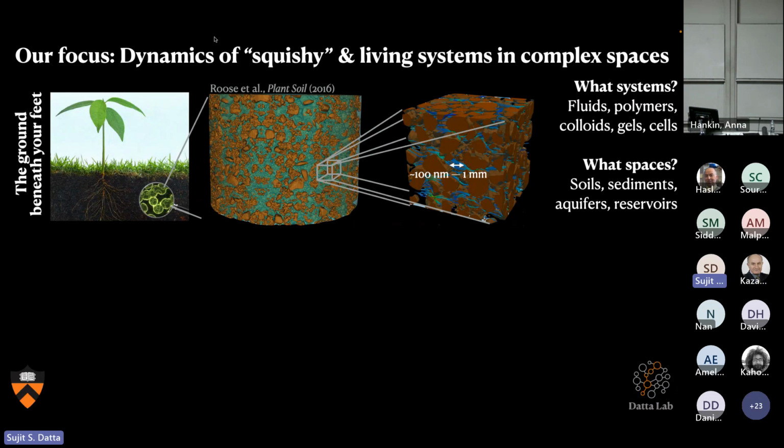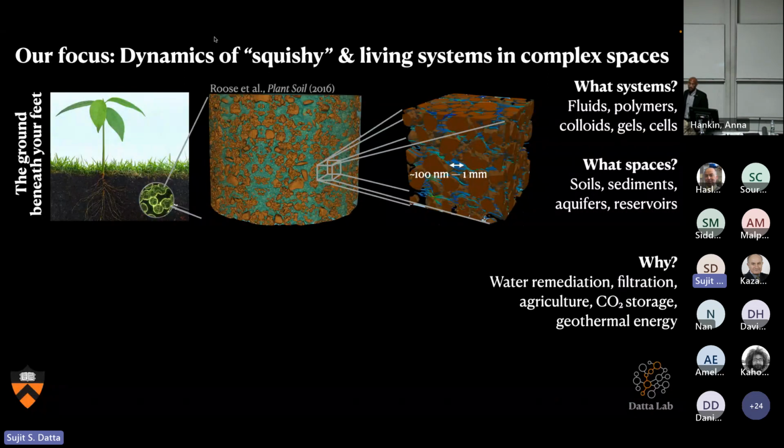This, for example, shows you an X-ray CT image of soil, where you can see these brown particles are the solid mineral grains that are all packed together and house this tight and tortuous pore space through which fluids and solutes and even cells move and organize themselves in a range of different processes. And so disentangling those interactions is what we focus on, motivated by their importance in applications in energy and environment and sustainability and biotechnology.